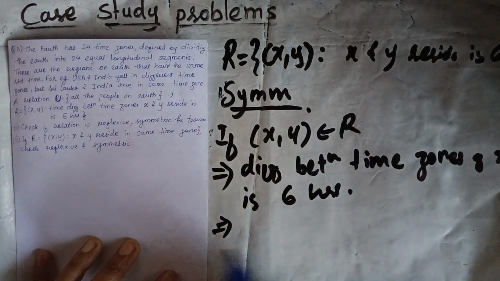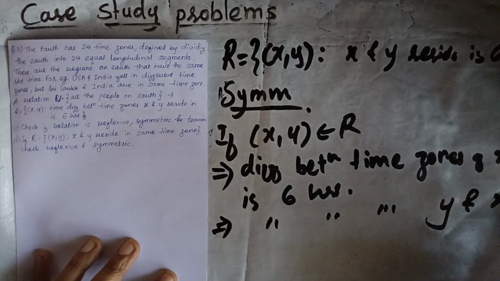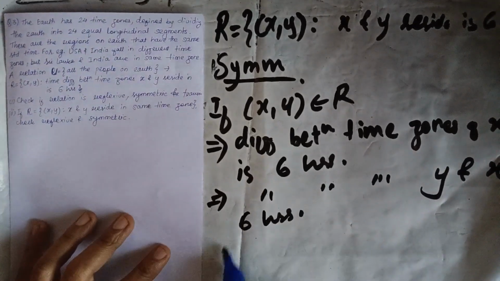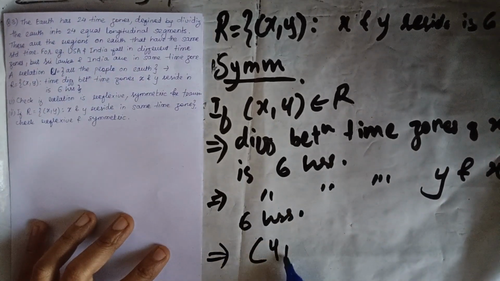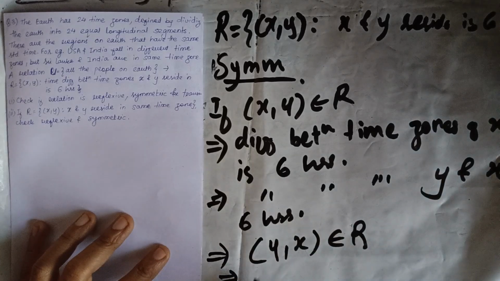So similarly, we can say that the difference between the time zones of y and x is 6 hours, correct? So we can say that y comma x belongs to R. So we can say that R is symmetric.